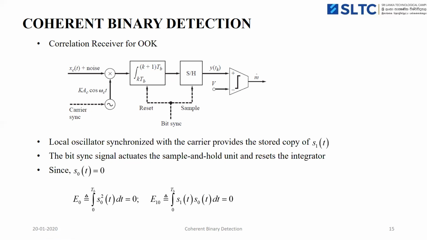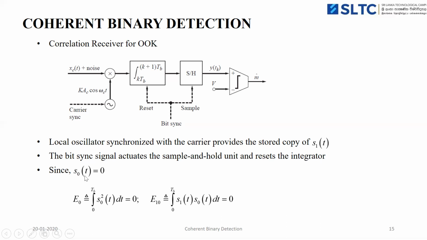The bit information is given to the integrator and the sample and hold circuit to initialize its operation, and to adjust the carrier frequency and phase, the carrier signal is given as an input to the local oscillator. The local oscillator synchronizes the carrier and provides the stored copy of S1 of t. The bit synchronization signal activates the sample and hold unit and resets the integrator.